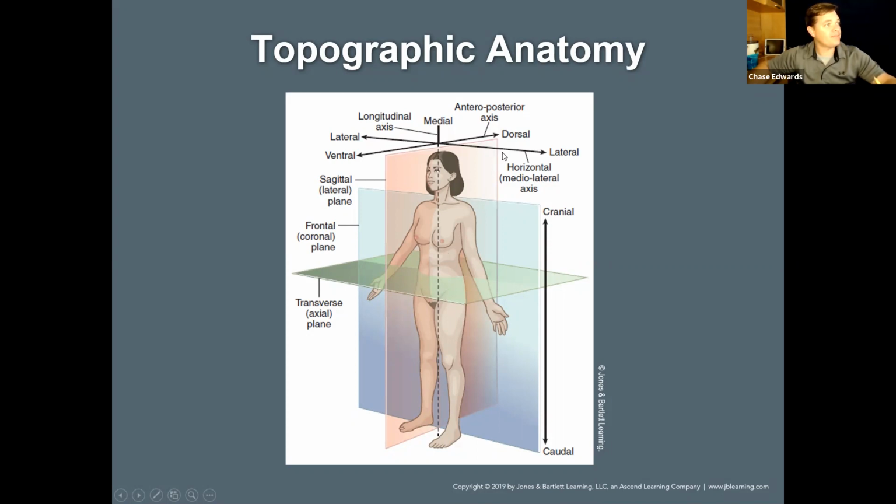These planes divide it into sections. So the coronal plane divides the body vertically from ear to ear.